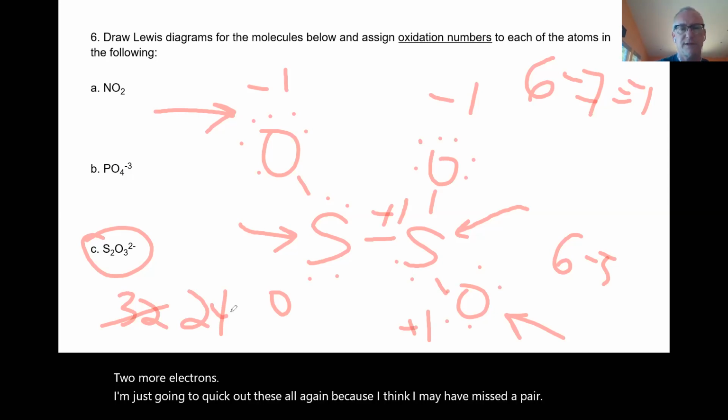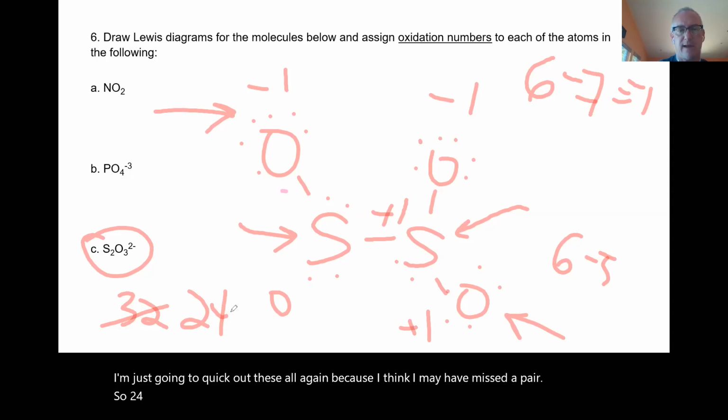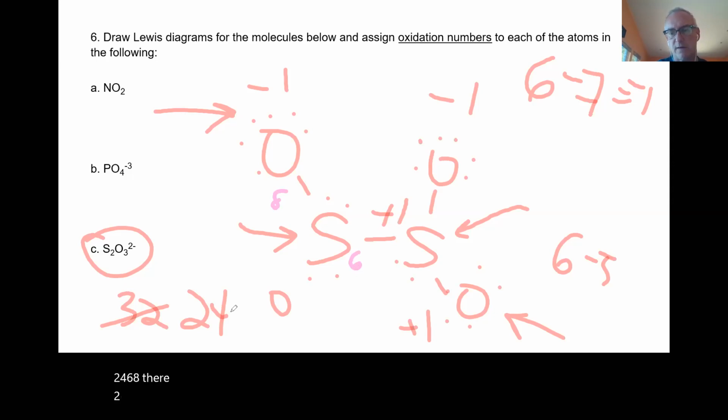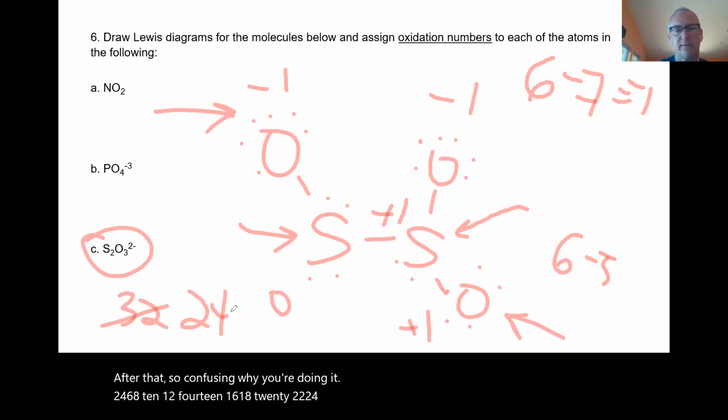So 2, 4, 6, 8 there. 2, 4, 6 there. Not that, no, that's a confusing way of doing it. 2, 4, 6, 8, 10, 12, 14, 16, 18, 20, 22, 24, 26, 28, 30, 32.